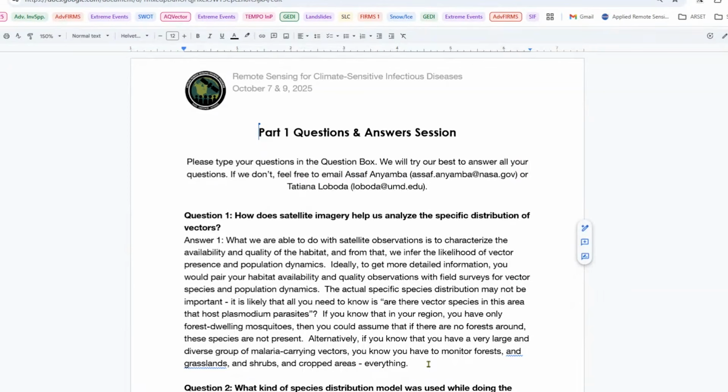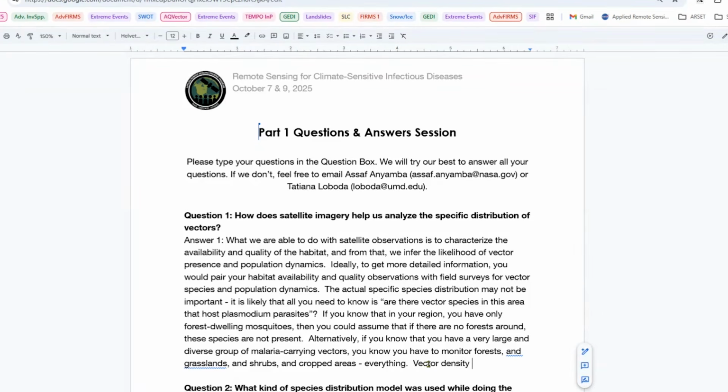So the things that we can do from satellite imagery is to characterize habitat availability. Is there habitat for a specific vector? And what's the quality of that habitat? But there is no way that we can know what the vector density or the vector population dynamic is.